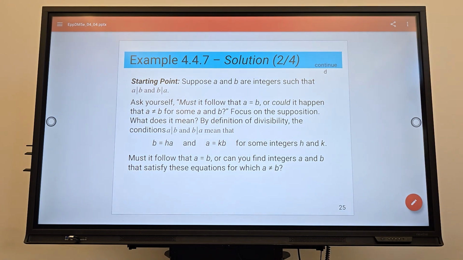So suppose A and B are integers such that A divides B and B divides A. Must it follow that A equals B, or could it happen that A does not equal B for some A and B? Focus on the supposition. What does it mean?